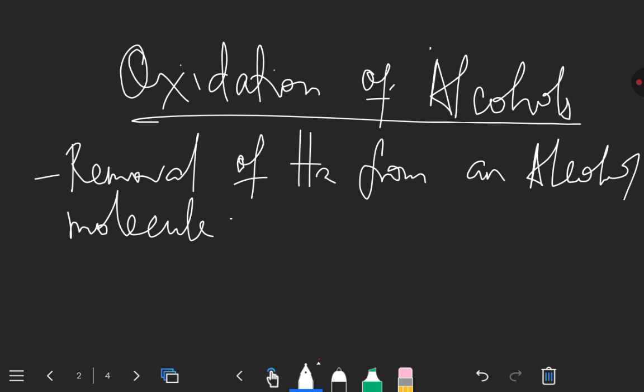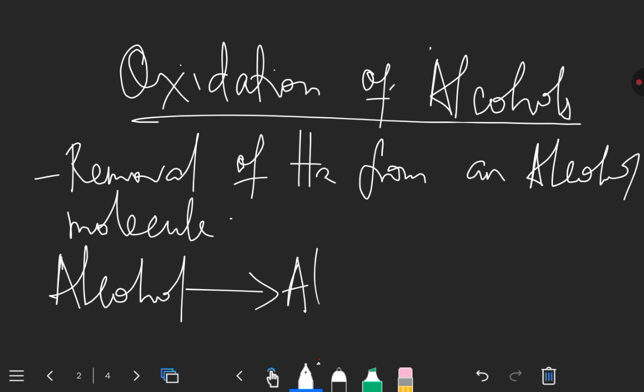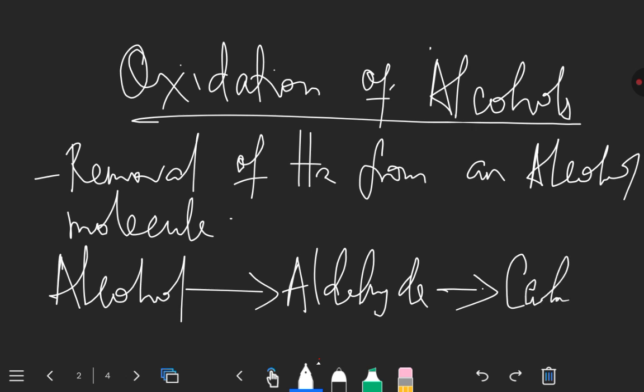So think in this way, we are trying to convert from alcohol. When you remove one hydrogen from an alcohol, you remain with what is known as an aldehyde. Then when this aldehyde undergoes another oxidation, we'll have what is known as a carboxylic acid.